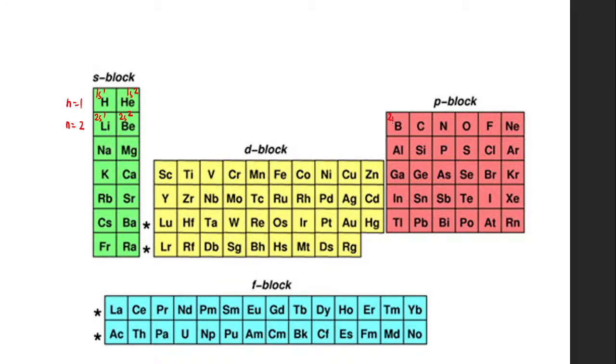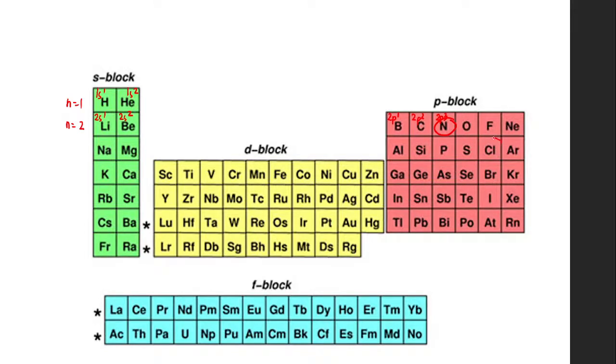So this is our 2p1, 2p2, 2p3, and that is our nitrogen right there. So you can actually also use your periodic table to identify the electron configuration.